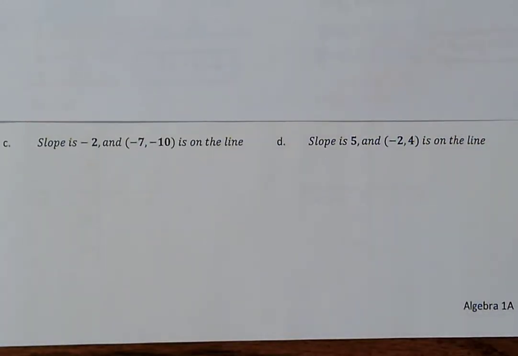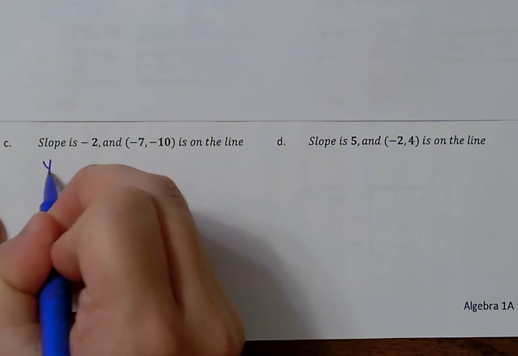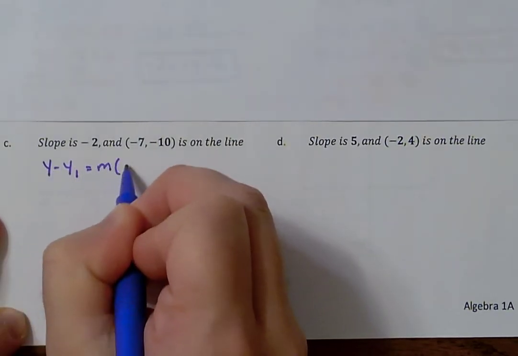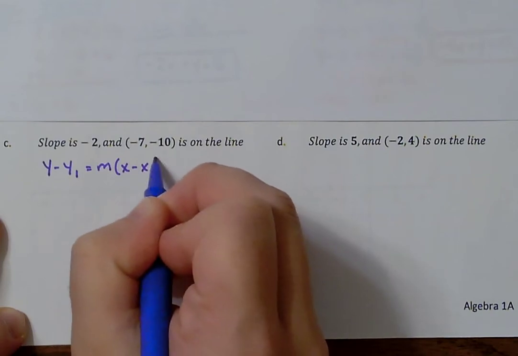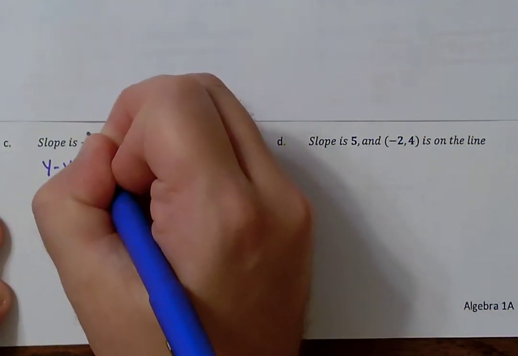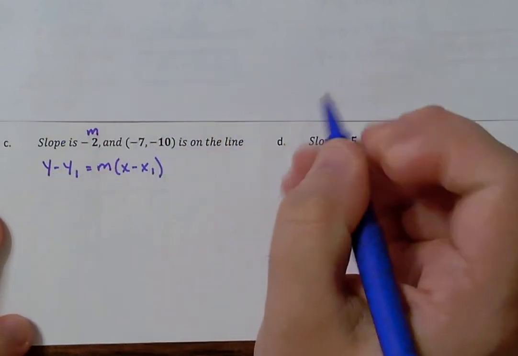All right, again, point slope is y minus y1 equals m times x minus x1. So what I need to have is my slope and then an x1, y1. So they tell me my slope is -2.